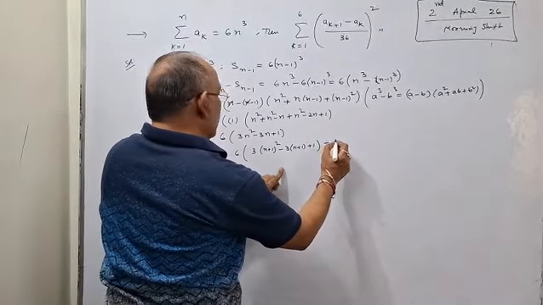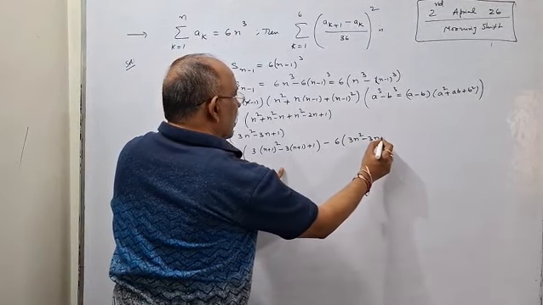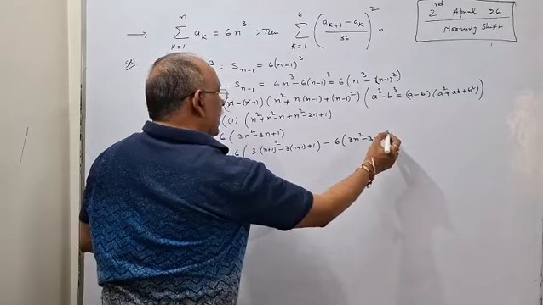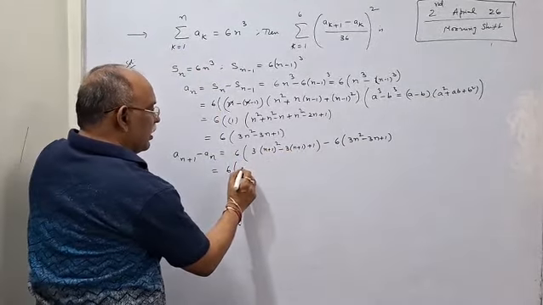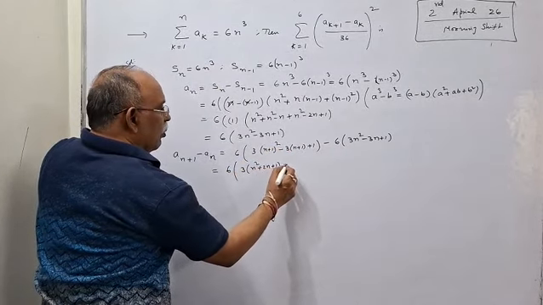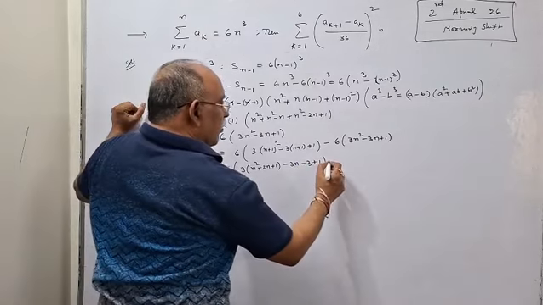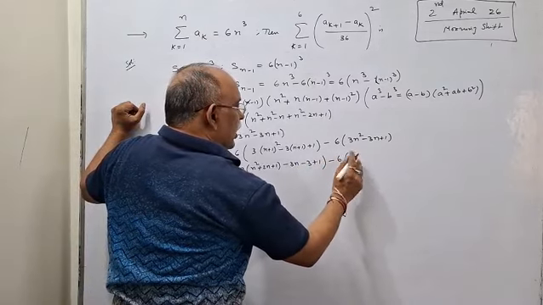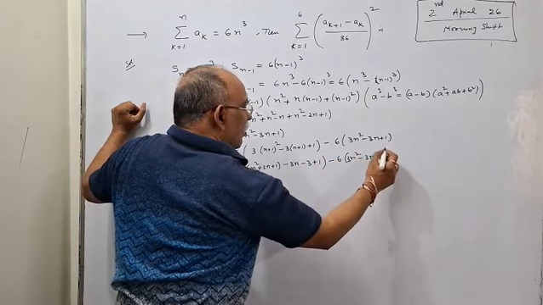Minus an means what? 6 into 3n square minus 3n plus 1. And this is equal to what? 6 into, expand it, 3 into n square plus 2n plus 1 minus 3n minus 3 plus 1 minus 6 into 3n square minus 3n plus 1.